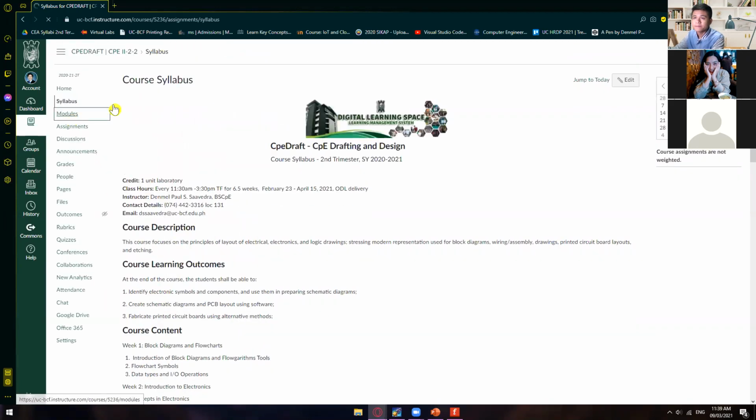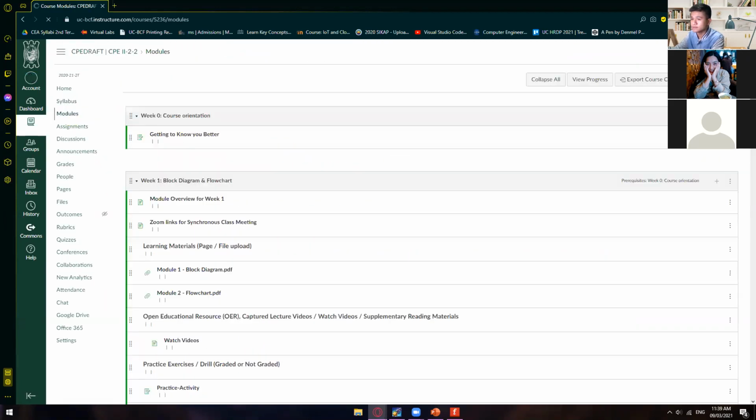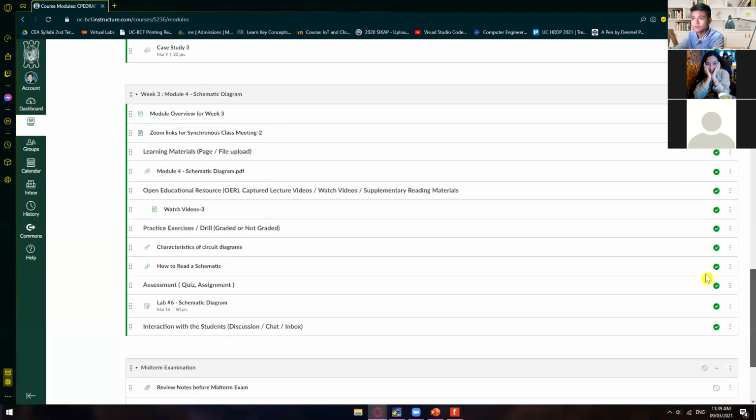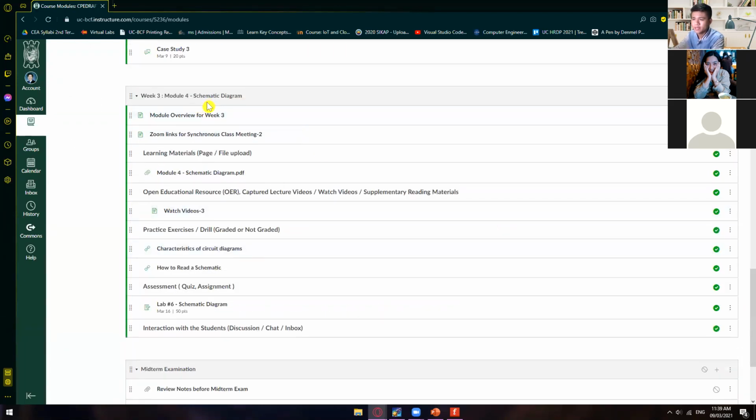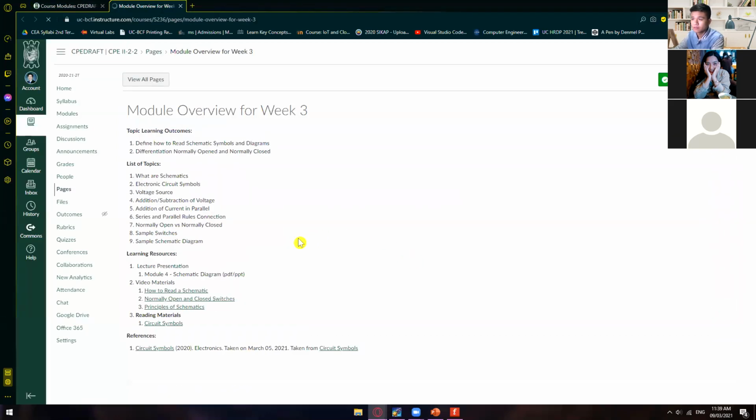So for week 3, module 4, which is the schematic diagram, here's the overview. This one is very straightforward. We only have 2 topic learning outcomes. Of course, we'll define how to read schematic symbols and diagrams.